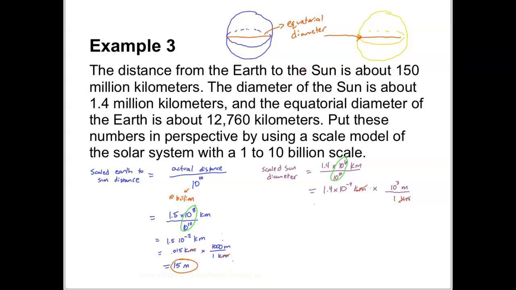Notice that here I just have 1.4 times 10 to the negative fourth times 10 to the third. 10 to the negative fourth times 10 to the third is 10 to the negative 1. And this is meters. If I move my decimal over, that's 0.14 meters.